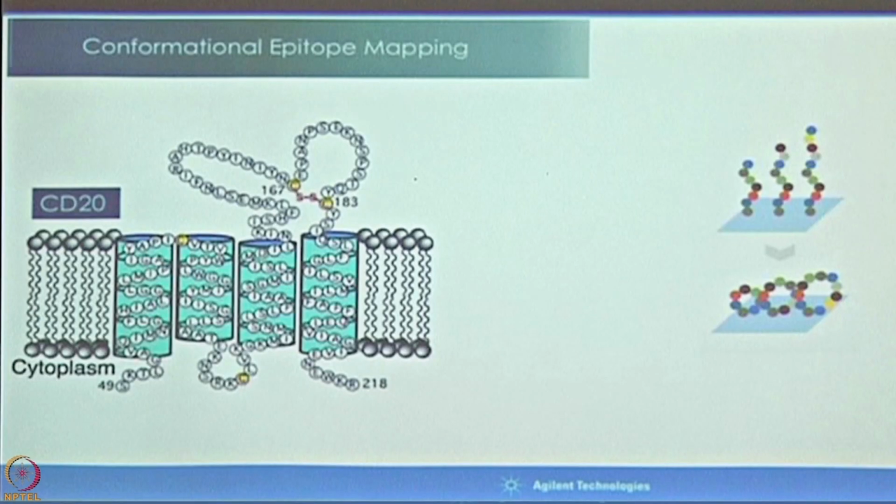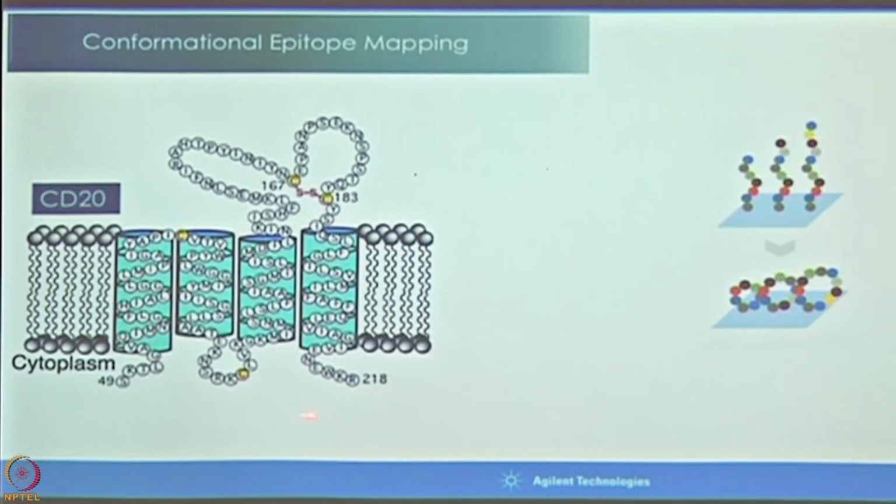So now the conformational one. Some proteins are basically like CD20, this is an extracellular, this is a transmembrane protein, and they have the extracellular moieties like this here, and these are the epitopes, right? This one, this part. But this is not linear, so it's very difficult to identify the linear conformation.